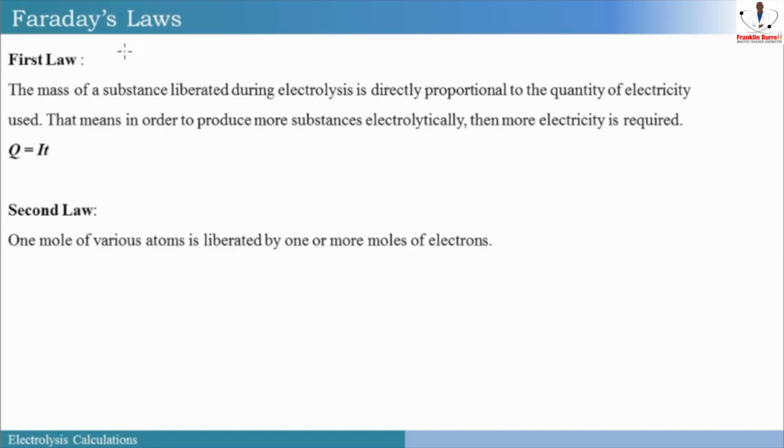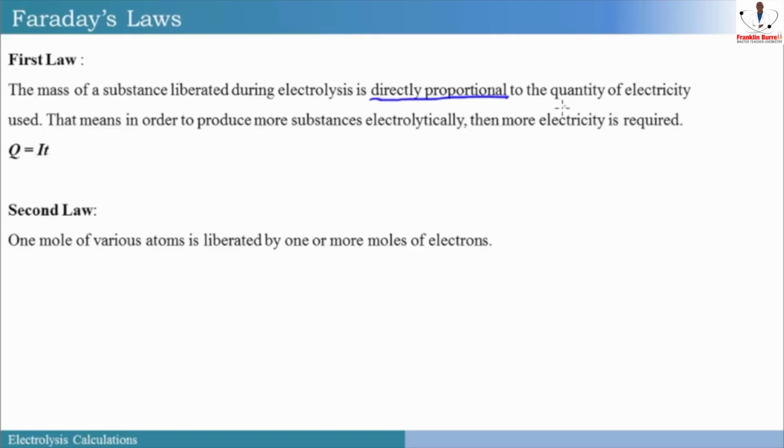Let's look at Faraday's laws. The first law is saying that the mass of a substance liberated during electrolysis is directly proportional to the quantity of electricity used. So this part here is very important.